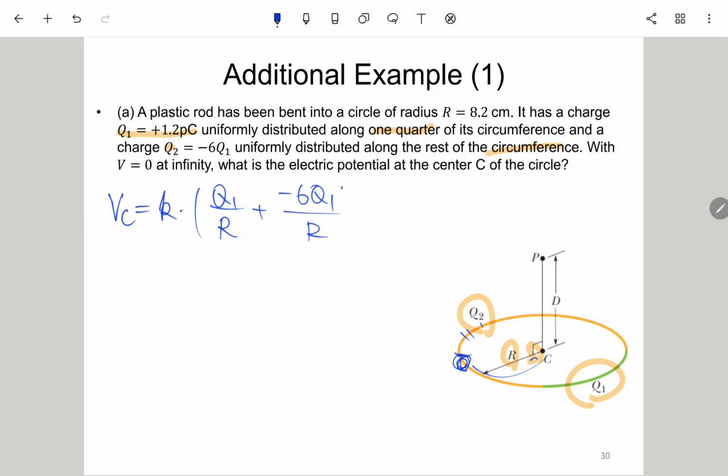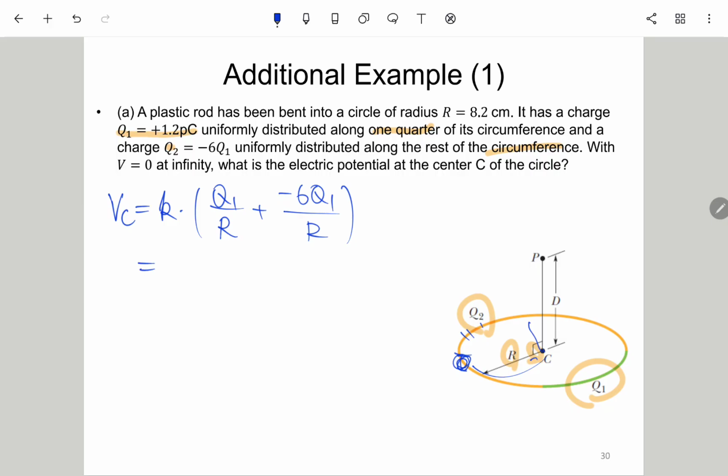This is the great thing about the potential being a scalar field. Point C is at equal distance from the whole circle, so it turns out to be a simple formula.